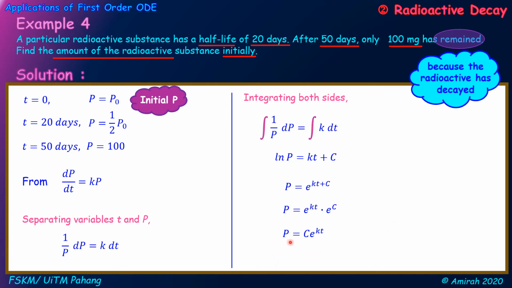Then we can write P equals to C e to the power of kt. e to the power of C here, we can equate to C constant because e, which is an Euler number 2.718 something, is a constant. So constant to the power of constant equals to constant. That's why we can write e to the power of C equals to C. And after that, we name it as equation 1.